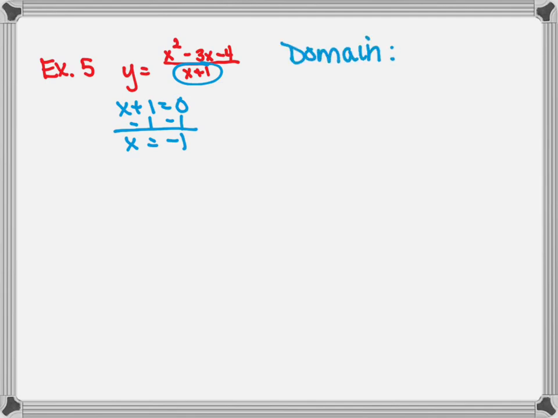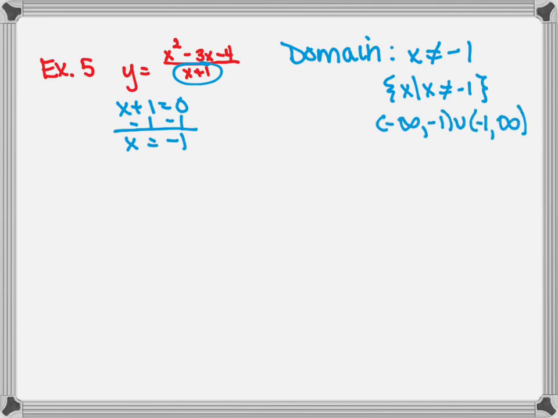This is our excluded value, so our domain is x does not equal negative 1, or in set notation, the set of all x values such that x does not equal negative 1, or in interval notation, from negative infinity up to negative 1, our excluded value, union from negative 1 to positive infinity.